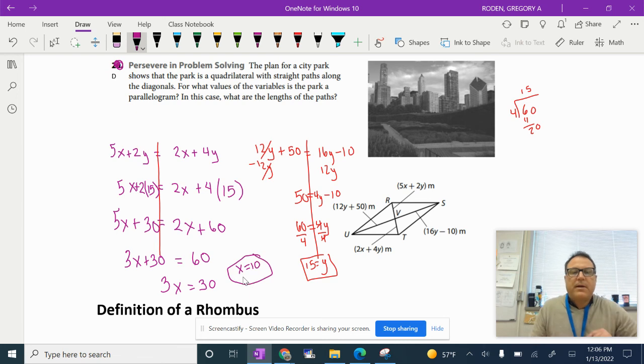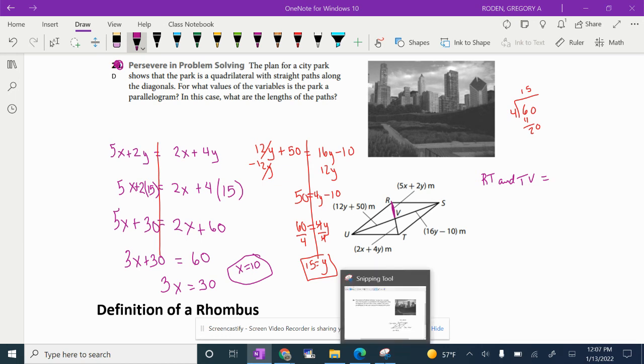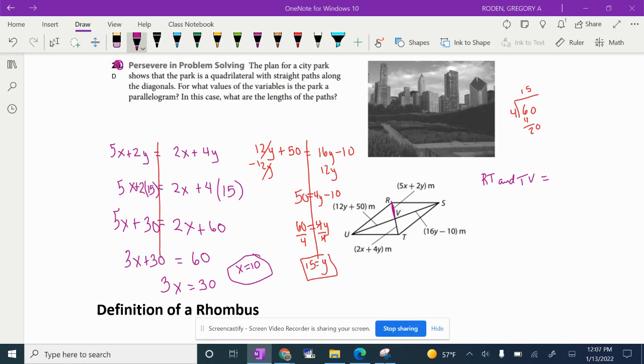So now I have x equals 10 and y equals 15. So let's figure out what this distance from R to V is. And once we know that, it'll be pretty easy because V to T will be the same because they bisect each other. So we know that RT and TV are equal to, we'll just go ahead and put those numbers in.